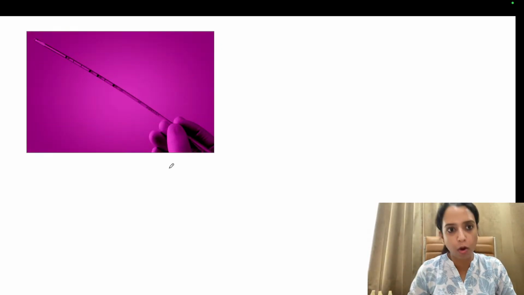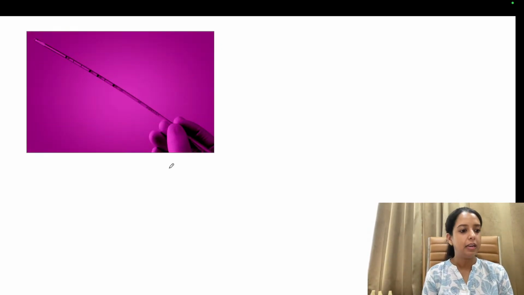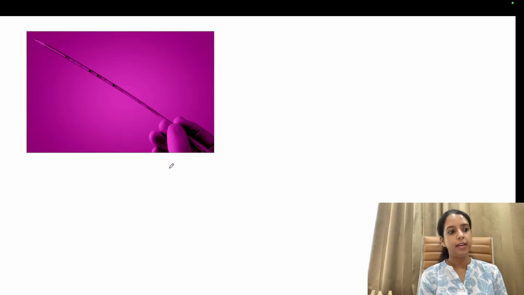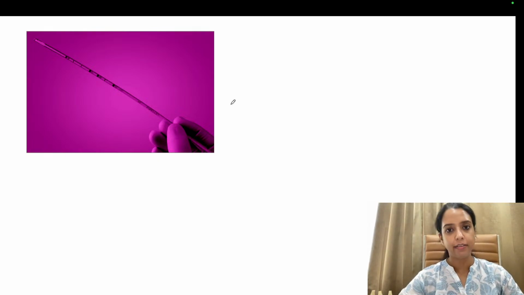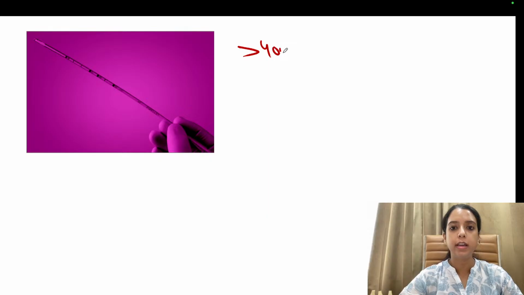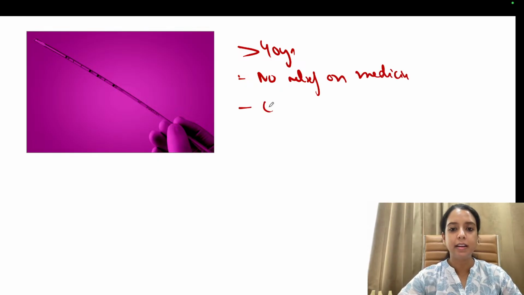In abnormal uterine bleeding, if a patient is beyond 40, then even if there is a fibroid or there is a pathology, still you take endometrial biopsy. You want to rule out hyperplasia and cancer. So anybody beyond 40 years, or anybody with no relief on medicines, anybody with endometrial thickness more than 12 mm, or anybody with high risk of endometrial cancer, you do biopsy using this.